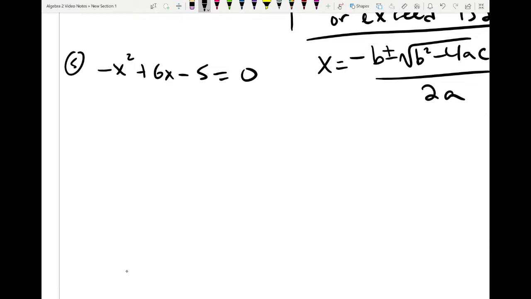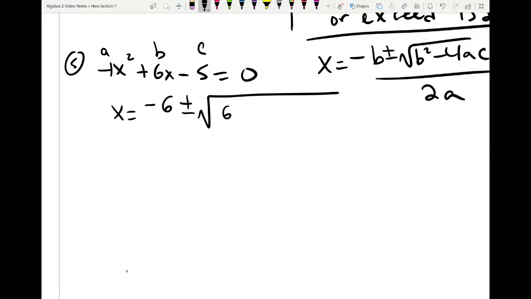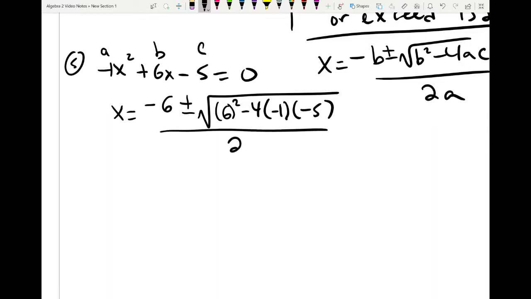So we got x is equal to, remember that this is a, which is -1, b, which is 6, and c, which is -5. So we got -6, negative b, plus or minus square root b squared minus 4 times a, which is negative 1, times c, which is negative 5, all over 2 times a, which is negative 1.